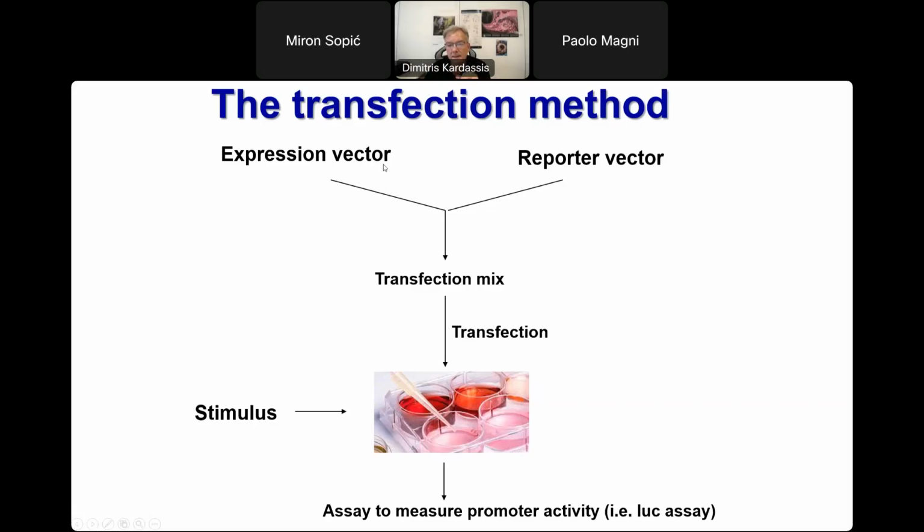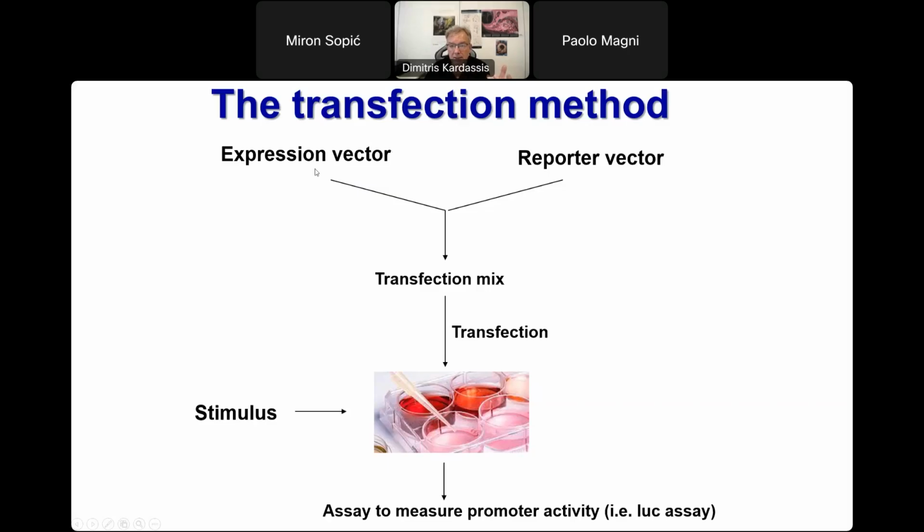And now I'm showing you the same technique, the transfection, in which you can co-transfect two different plasmids. One is your reporter, and the other is another plasmid which overexpresses a transcription factor, this is called an expression vector. So you can do this co-transfection technique.